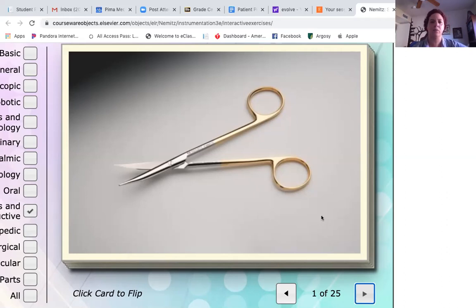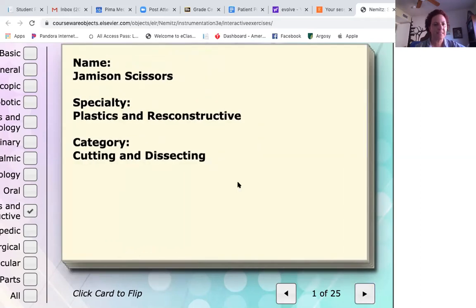There's a couple things that you should already know in here, but this very first one that you're looking at, a couple things I want you to take notice of. One, how cut in the very tips of these scissors are. Very good for fine dissection of things, all right? This is called a Jamison scissor, and you're going to see another one called a Stevens tenotomy. The Jamison is usually longer, like a 6-inch length, where regular tenotomy scissors are a 3-inch length, maybe 4-inch length.